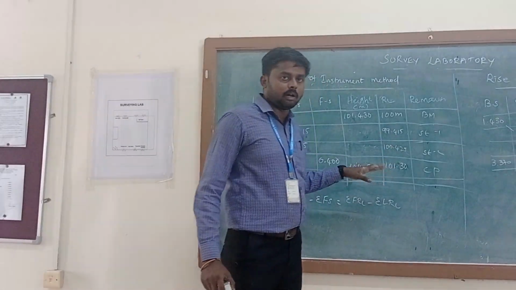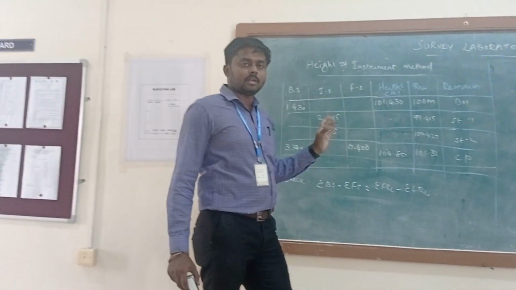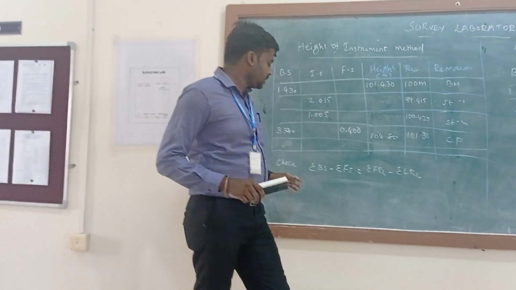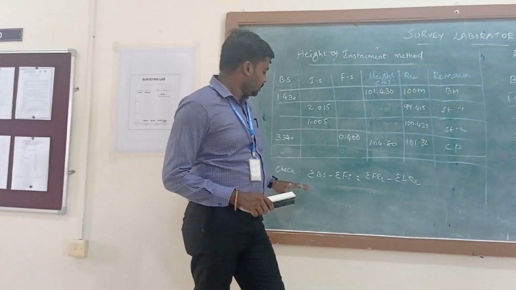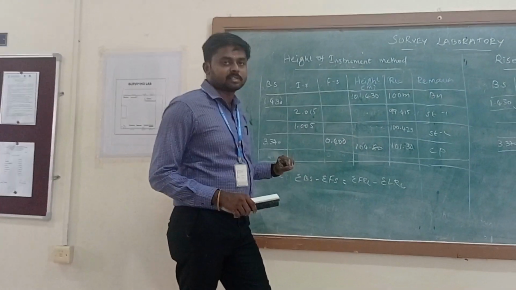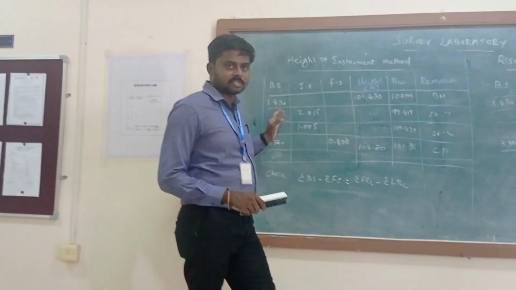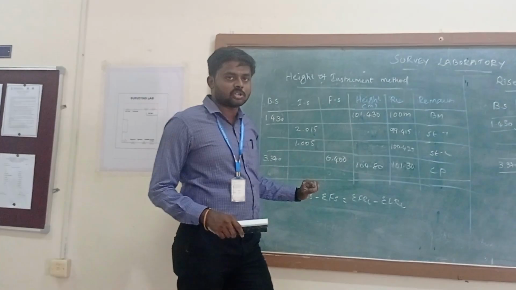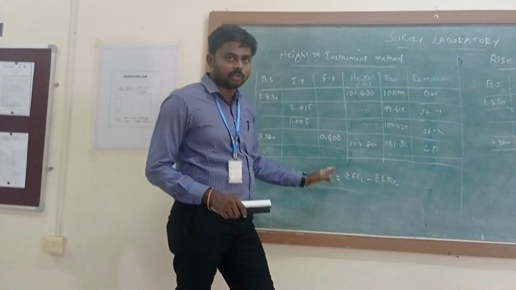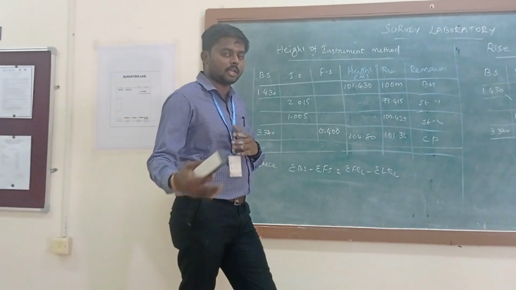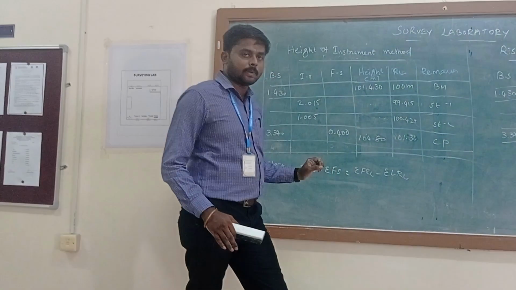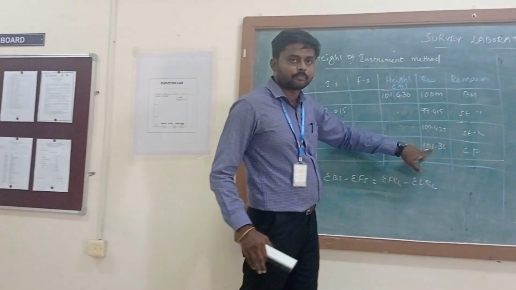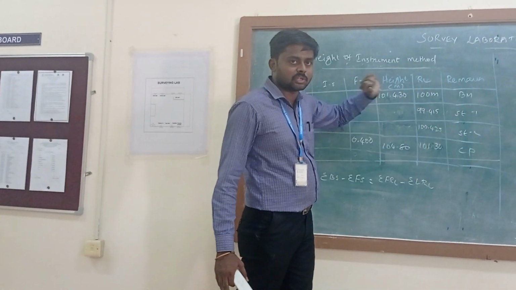Once you complete all the values, we have to check whether the readings we took in the field are correct or not, using this formula: summation of back side minus summation of foresight is equal to summation of last RL minus summation of first RL.